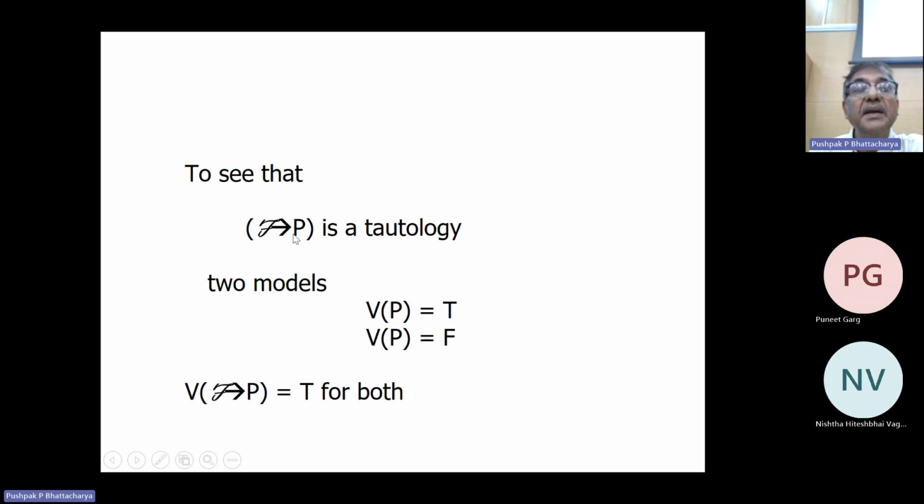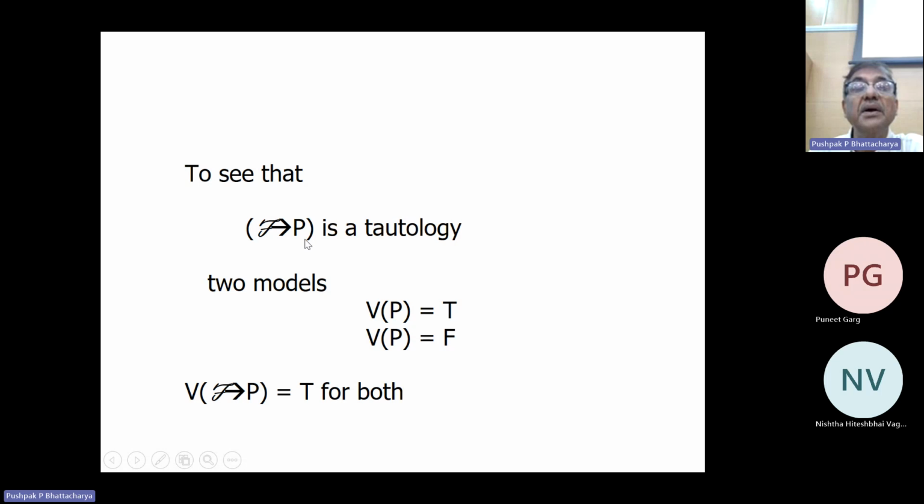Gothic F implies P is provable as a theorem in the formal system, and this theorem also happens to be a tautology. This refers to the soundness of the formal system. Anything that is provable as a theorem, its semantics also should be true, that means it should come out to be a tautology.